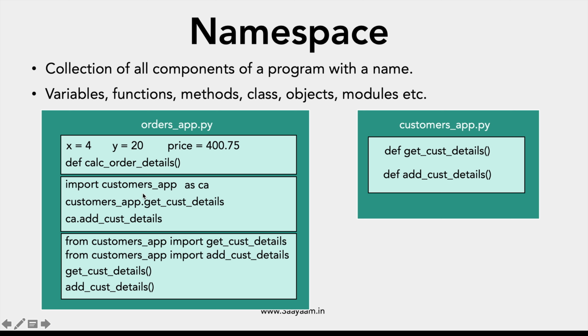So if you use import command, then we'll have to use the namespace. If I use from keyword and then import, then the functions will be added to orders_app namespace. So in that case, we do not have to mention the namespace of customers_app anymore.